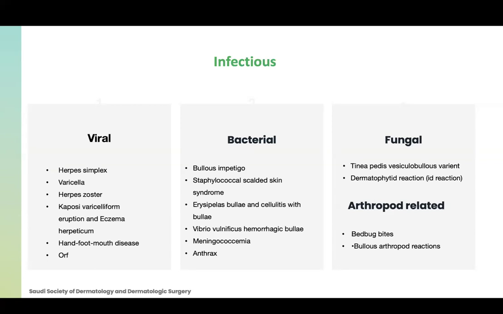Hand, foot and mouth disease. It also has 2 variants: typical variant and atypical variant. The typical presentation is vesicles or papules on the palms and soles, and also in the oral mucosa. And the atypical presentation can be more extensive, similar vesicles, but beyond the hand and feet and mouth areas.